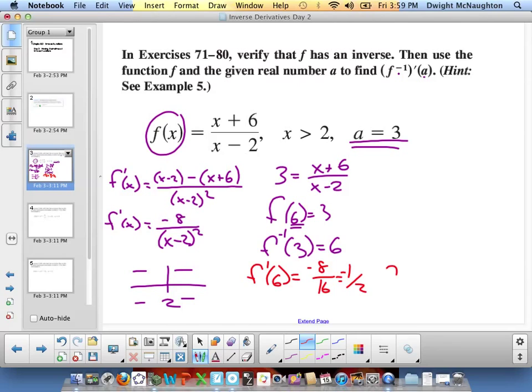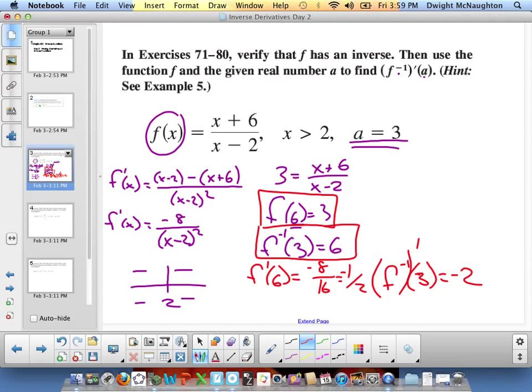If I flip it, f inverse prime of 3 would then be negative 2. The derivative of the function is the reciprocal of the derivative of the inverse at the corresponding point. And (6, 3) on the inverse is (3, 6) on the function, or (6, 3) on the function is (3, 6) on the inverse.